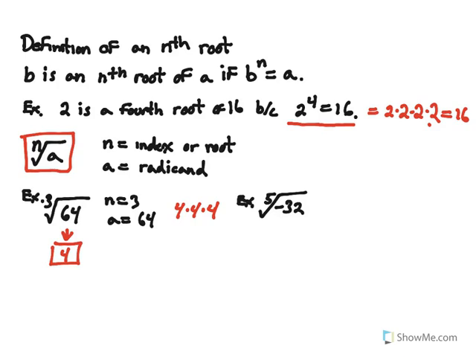Again, n in this case is going to be 5, and a, which is your radicand, is going to be negative 32.